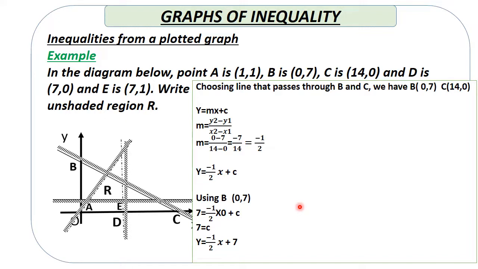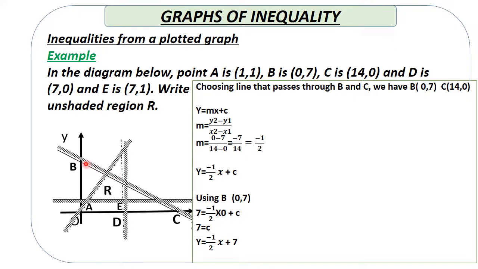Another secret. So when you solve, you find the gradient, you put it here. C is easier to find if you can tell where the line cuts the y-axis. Remember, c is the y-intercept. So for this line, instead of doing this process here, you can just look. If you can see the value where it cuts the y-axis, you can just put that value here.